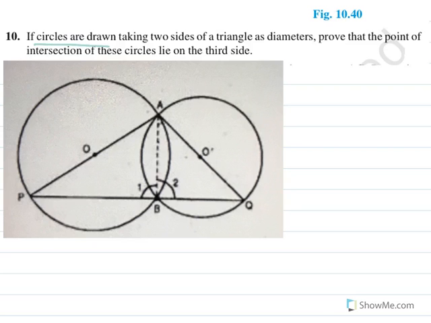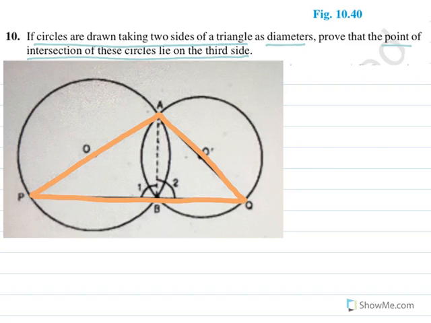If circles are drawn taking two sides of the triangle as diameters, prove that the point of intersection of the circles lie on the third side. So first we have a triangle which is APQ. Now taking AP as the diameter, you draw a circle.